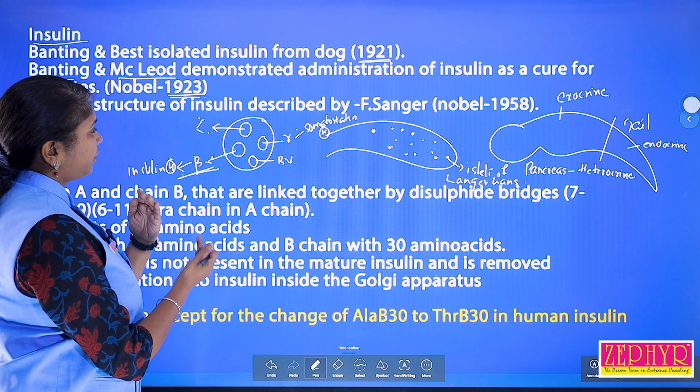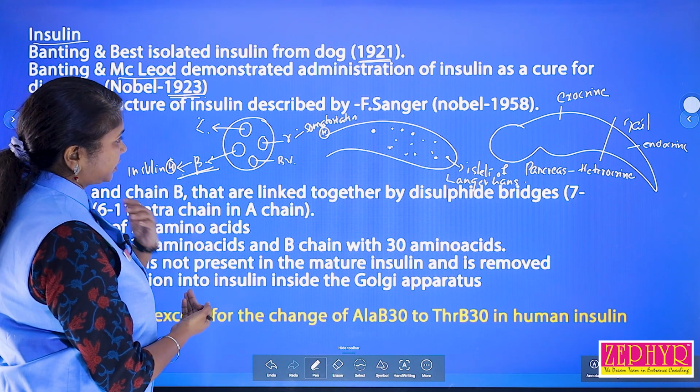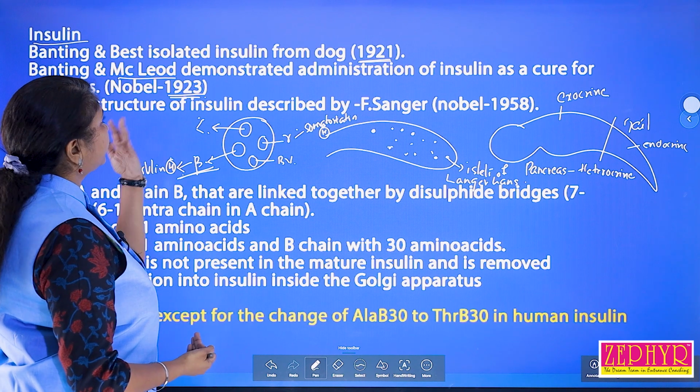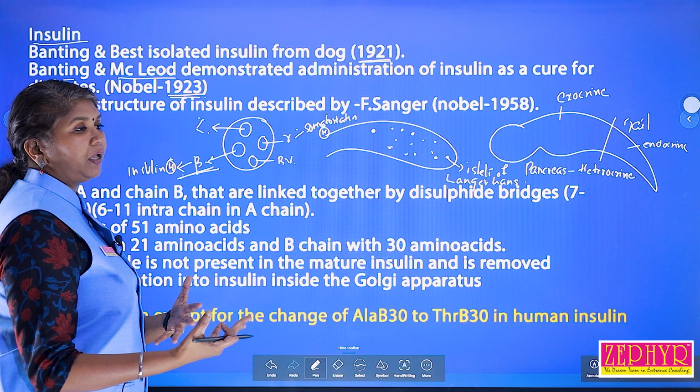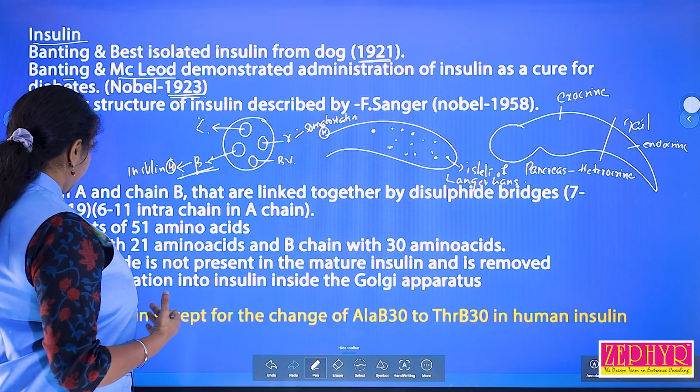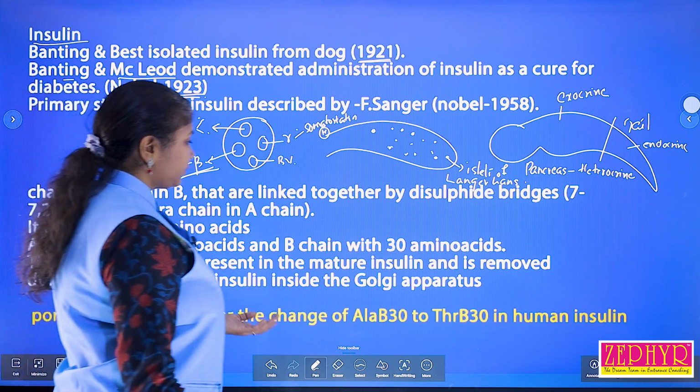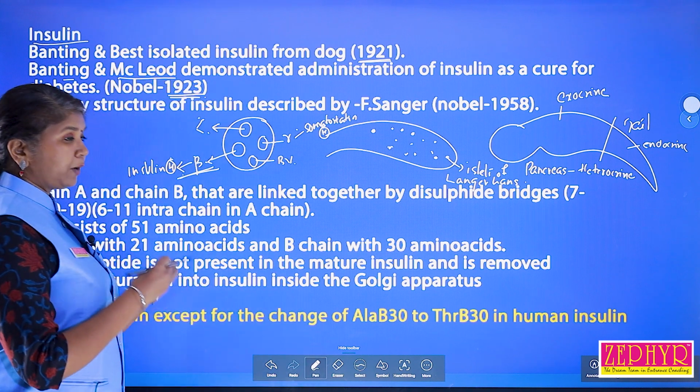So once they found out that insulin can be administered, the isolation of insulin started. We thought of extracting it from dead pigs, porcupines and all that. And pig insulin and ours differ by only one amino acid.